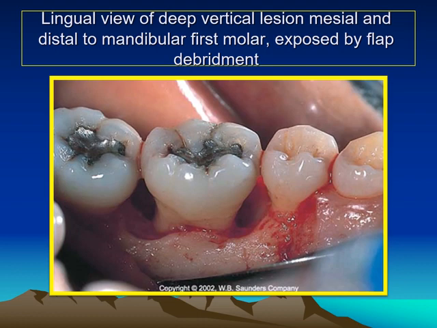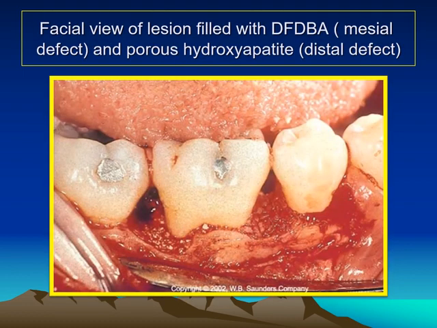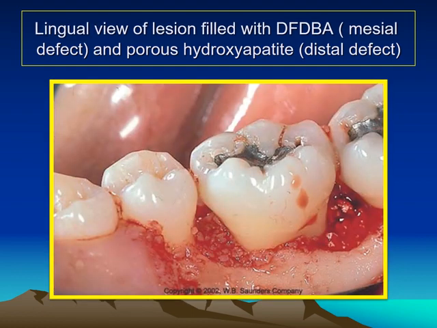This is the lingual view of the same defect. The lesion here is filled with decalcified freeze-dried bone allograft in the mesial defect and porous hydroxyapatite in the distal defect. The lingual view also showed that the mesial defect is filled with DFDBA and the distal defect is filled with porous hydroxyapatite.